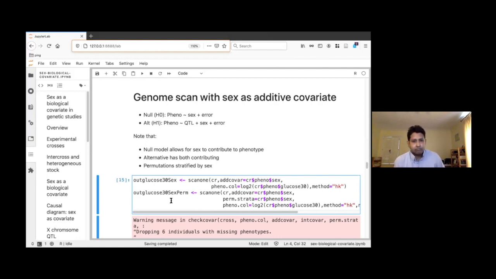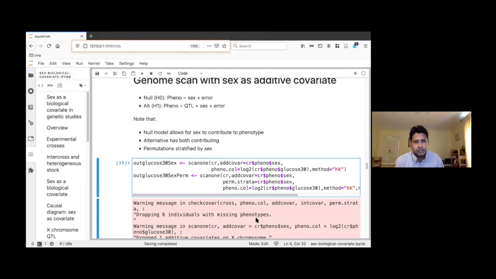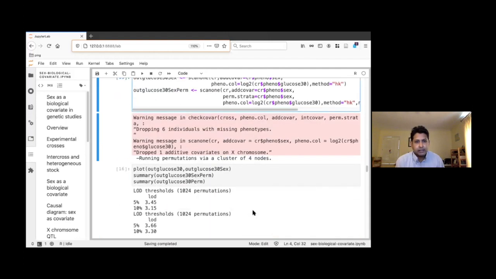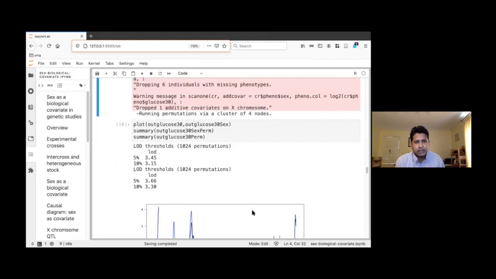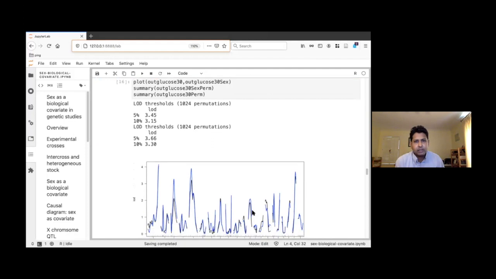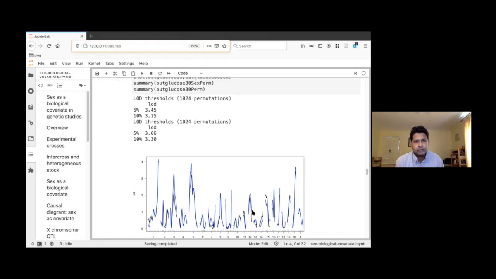And so what you do in Qtl, you scan for the trait, you specify the phenotype column, and you just state that the additive covariate should be sex. And if you do the permutations, you will see that this is what the new figure looks like.